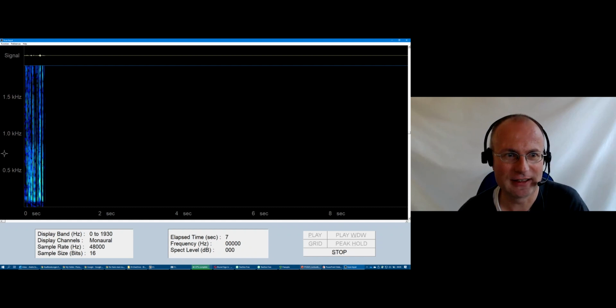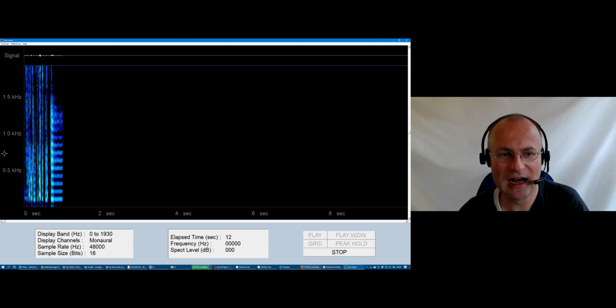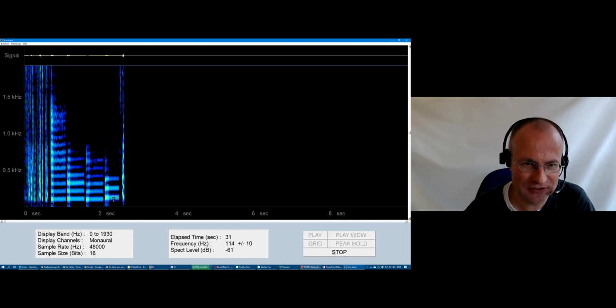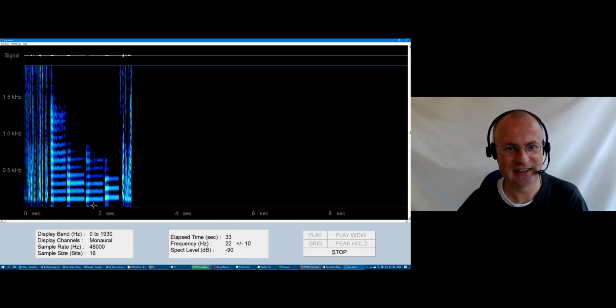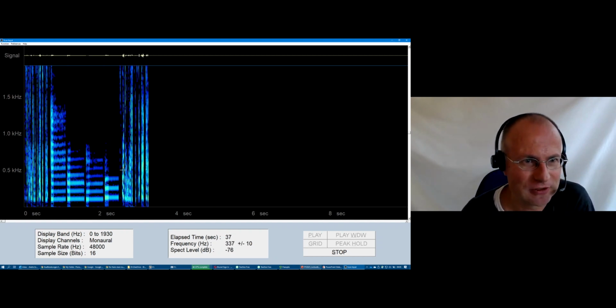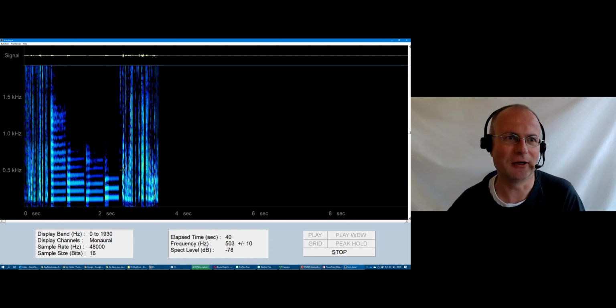Let's try that again. Here you can now see, for instance, that the E has a higher frequency. It still doesn't come out perfectly. Maybe I have to increase the resolution. We will keep it at that now.